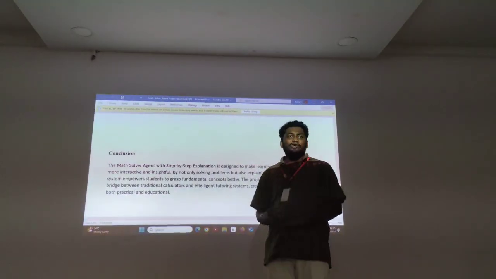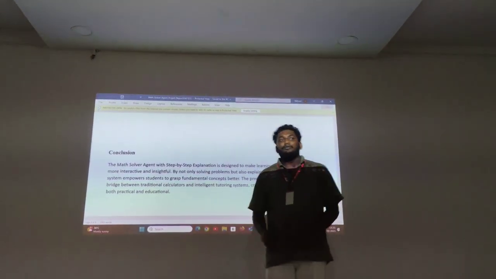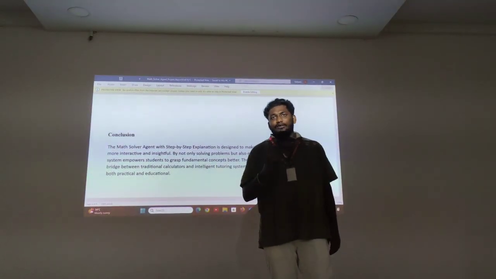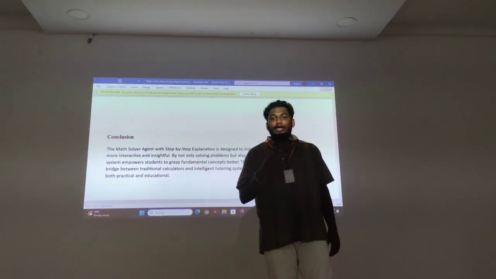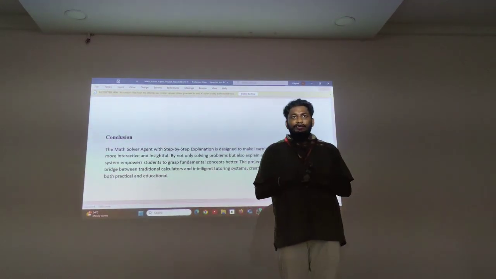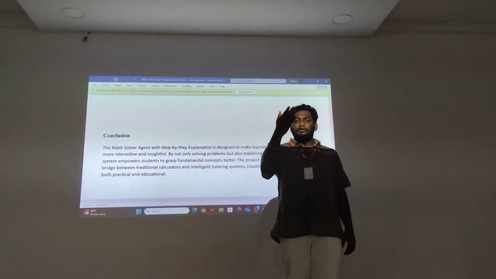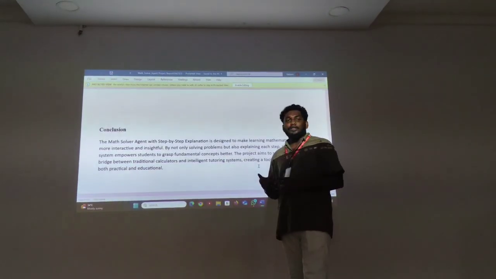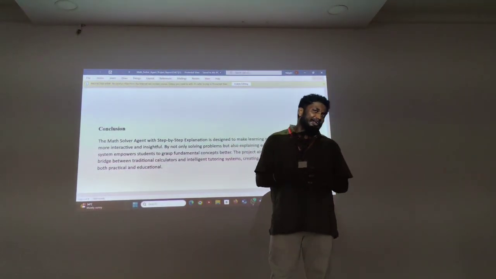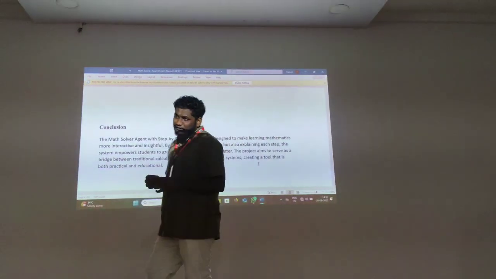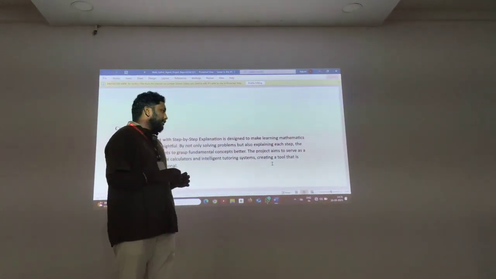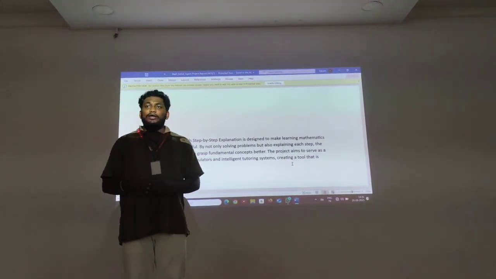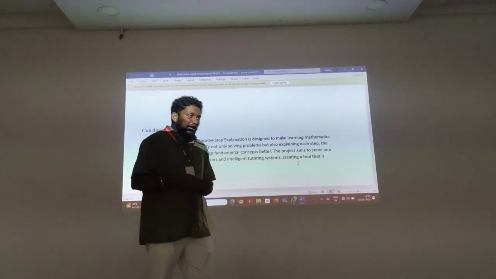This is the final conclusion about our project. This is the type of agent that gives the answer to mathematics problems. Compared to a calculator that gives only the final answer, this agent gives the total process from step 1 to the final step, and the answer. The difference between the traditional calculator and the intelligent agent is that the traditional calculator gives only the final output, but the intelligent agent helps students build the fundamental concepts.